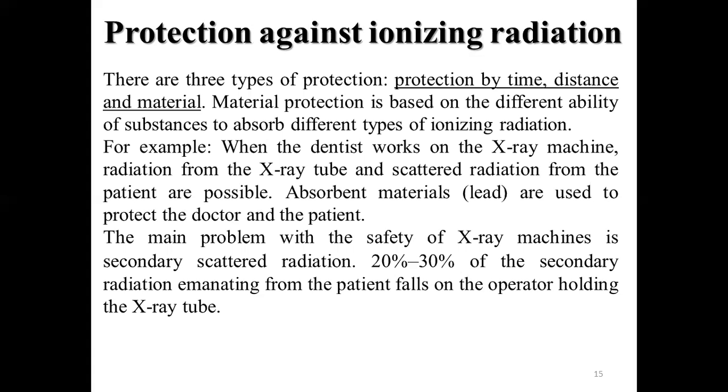Absorbing materials, for example, lead, are used to protect the doctor and the patient. The main problem with the safety of X-ray machines is secondary scattered radiation, and about 20 or 30% of secondary radiation emanating from the patient falls on the operator holding the X-ray tube.